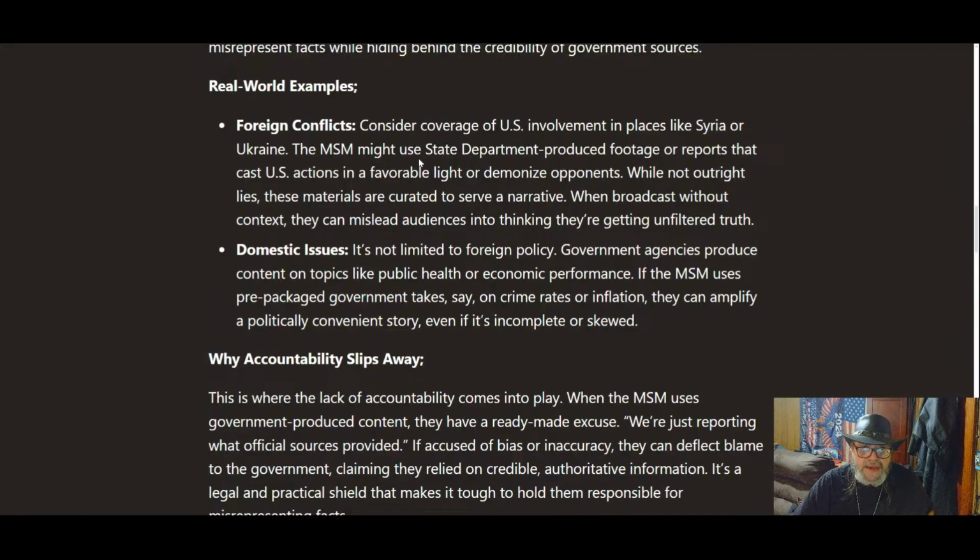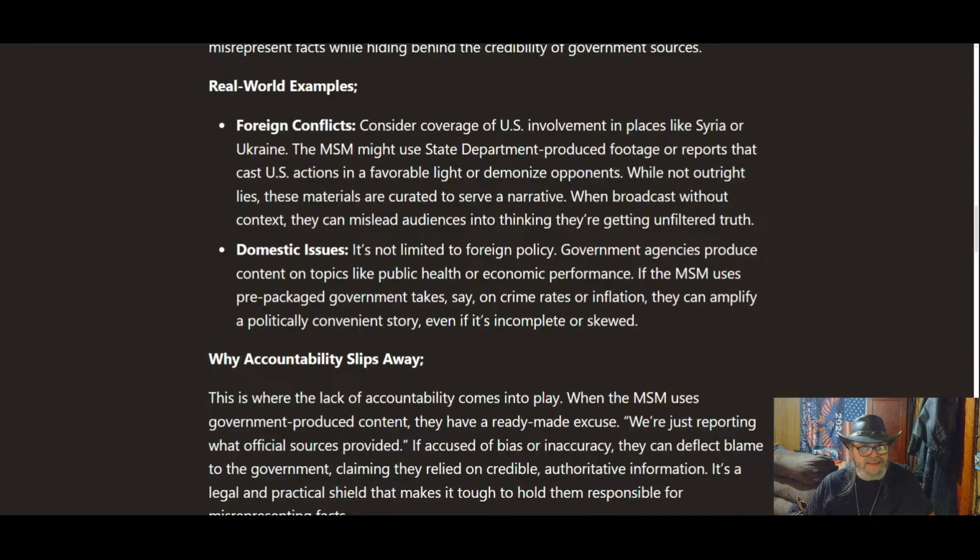The mainstream media might use State Department produced footage or reports that cast U.S. actions in a favorable light or demonize opponents. While not outright lies, these materials are curated to serve a narrative. When broadcast without context, they can mislead audiences into thinking they're getting unfiltered truth.